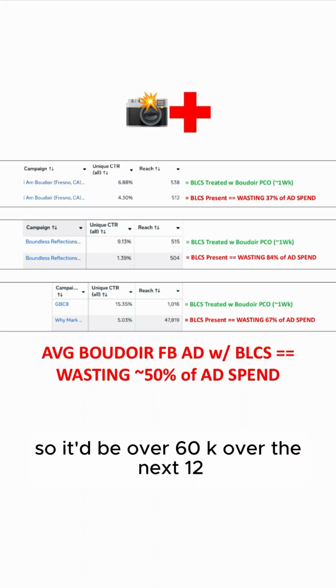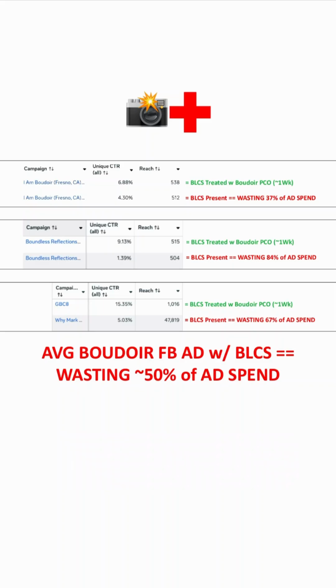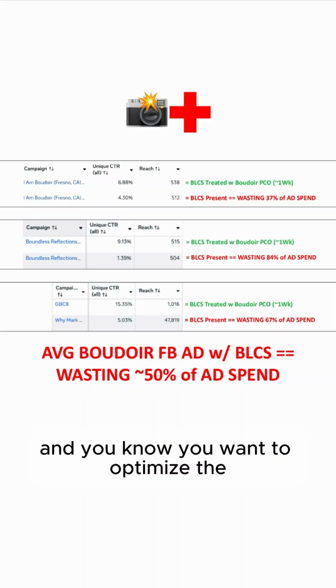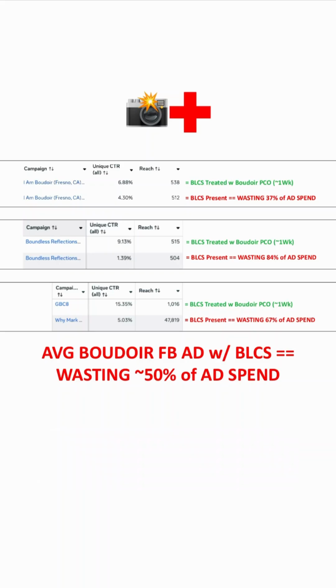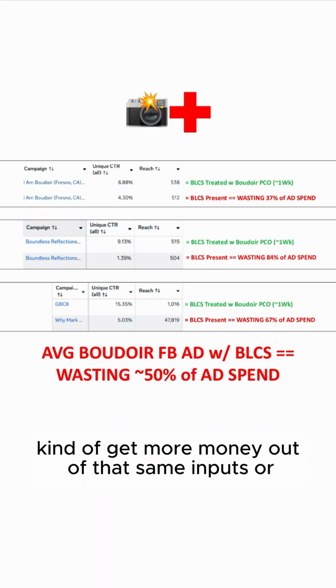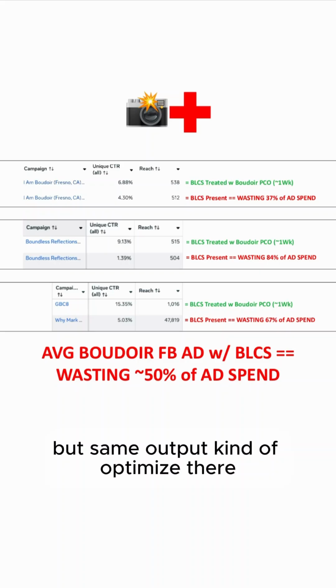So it'd be approximately 60K over the next 12 months. And you want to optimize the Facebook ads part of your boudoir business, get more output from the same inputs, or the same output from less inputs.